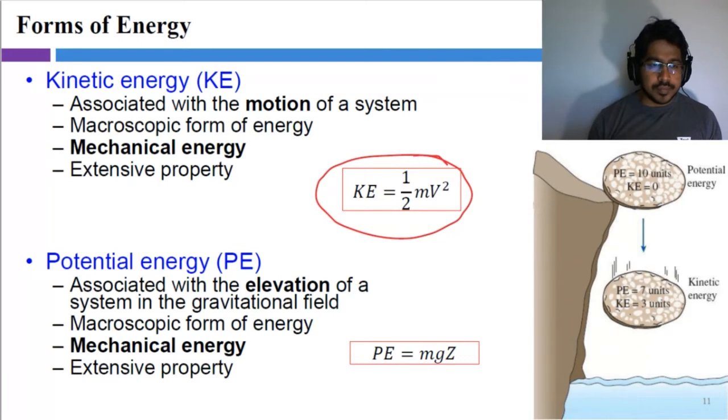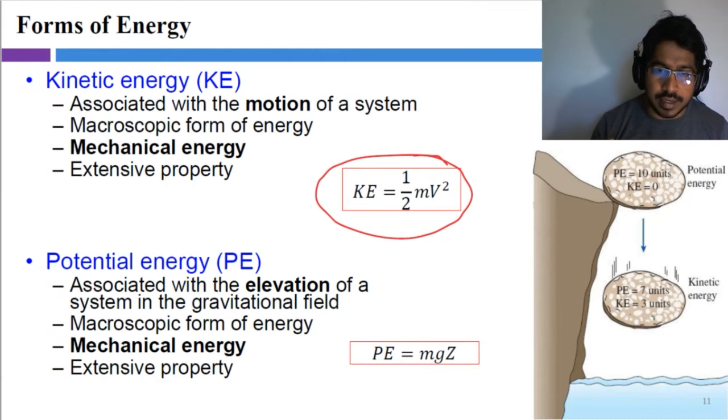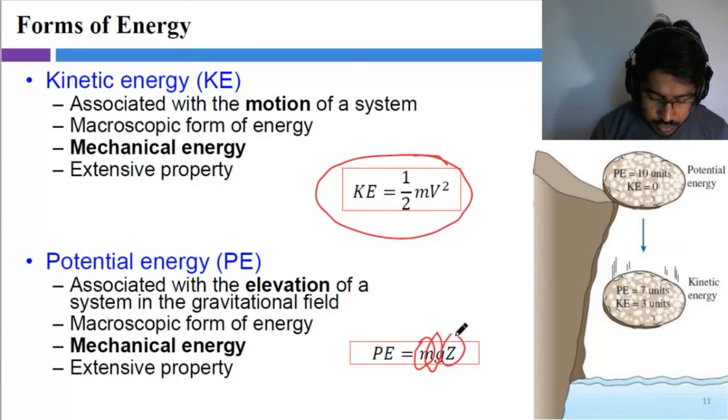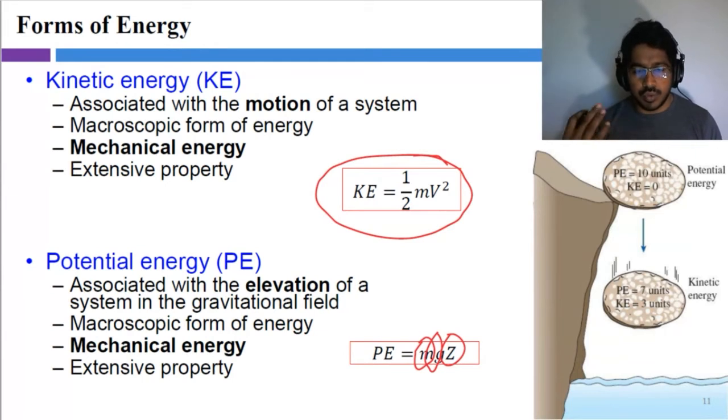And similarly, the potential energy is given to you by the elevation of a system due to the gravitational field, right? So this is another mechanical energy form. If you are at a 10 meter high position, that is going to be your mass times gravitational acceleration times the height, the 10 meters that you are up, right?